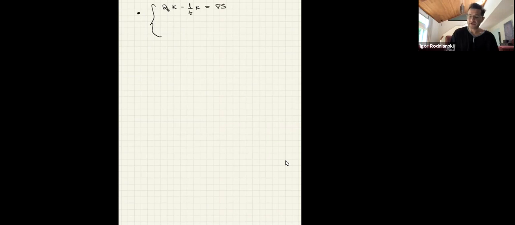So what do the equations look like? Let me just write a caricature. It turns out that your system can be written like this. It's an evolution equation for the second fundamental form K: dtK minus 1 over t K. On the right-hand side, you see spatial derivatives of the structure coefficients S plus nonlinear terms, which are roughly S squared.